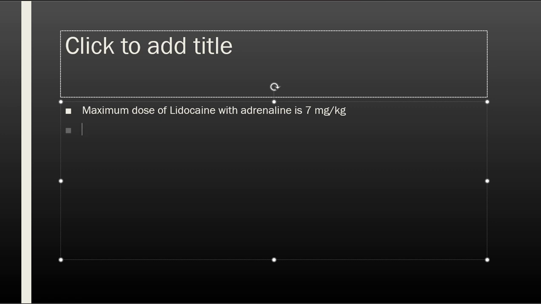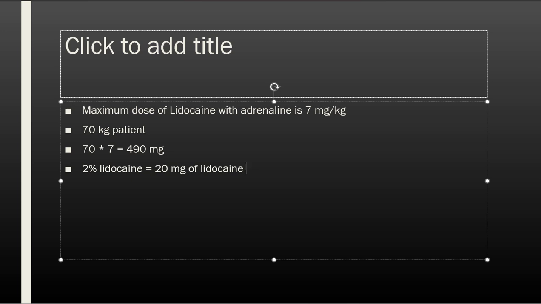Now, let's say we have a 70 kilograms patient. We multiply the 70 by the 7, we have 490 milligrams. Okay? So, now, as we said, the 2% lidocaine has 20 milligrams of lidocaine per milliliter in the carpule.